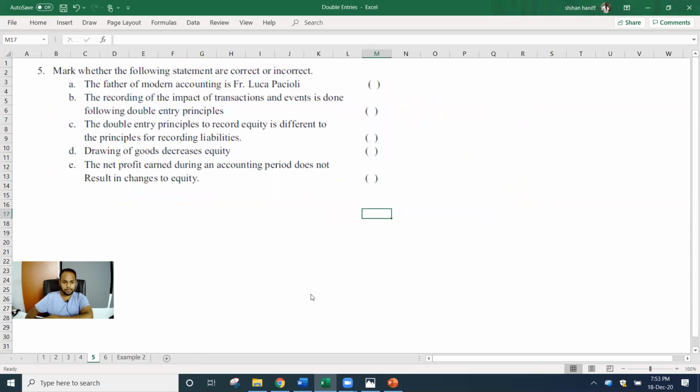Question number 5. Mark whether the following statements are correct or incorrect. A. The father of modern accounting is Luca Pacioli.